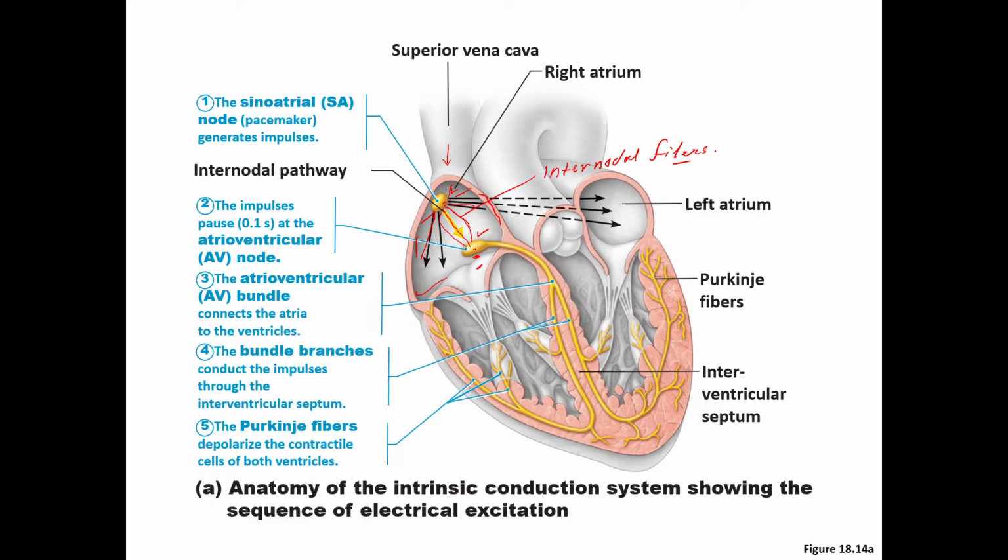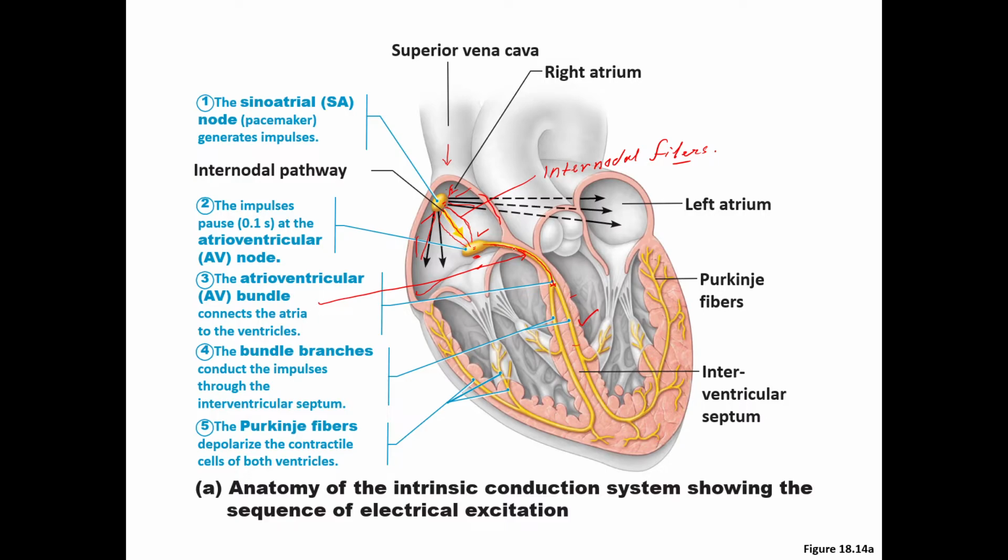Then AV node sends signal through the bundle of His or AV bundle. So this part you see from here to here, this part is called the AV bundle, this one. And then you see the AV bundle is located in the upper part of interventricular septum. This is the interventricular septum between right and left ventricle, the partition.